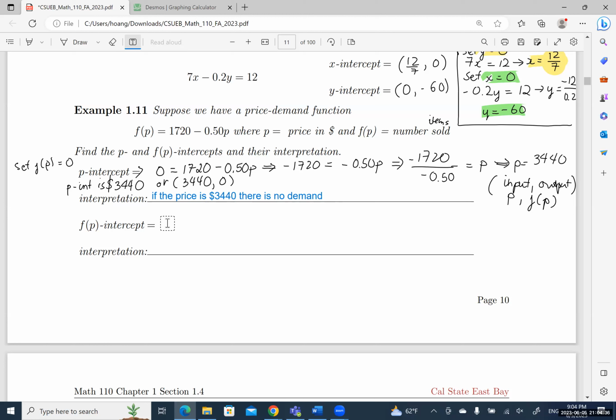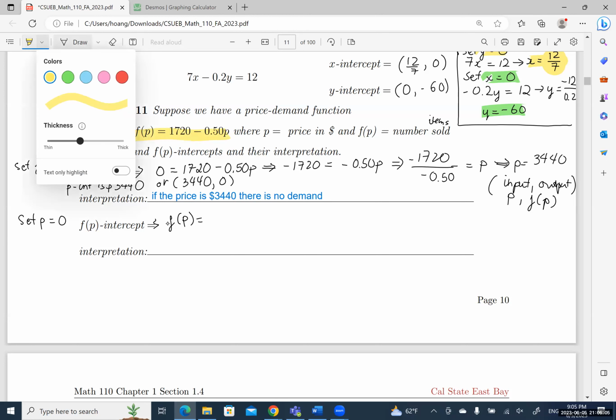All right. Similarly, in order to find the f of p intercept, which is similar to the y-intercept, you will have to set p equals 0, right? And then find f of p. So we have f of p, migrate the function. Let me highlight that function. All right.